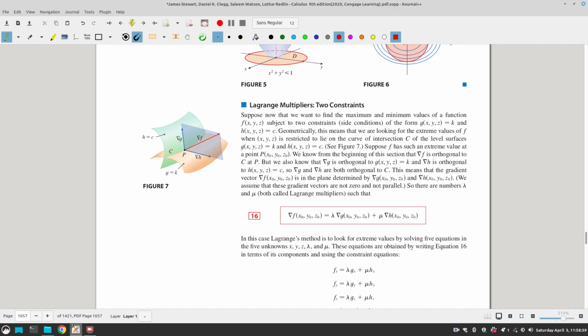And if you recall, if f has an extreme value there, then both delta g and delta h are, of course, orthogonal to the surfaces g and h, and delta f is orthogonal to the surface f, right?